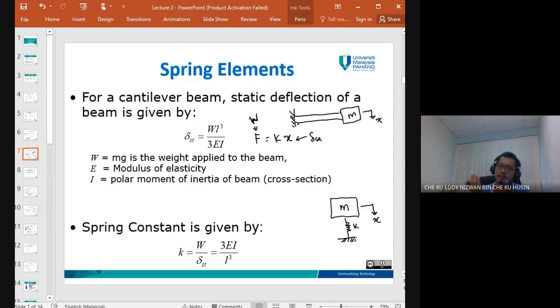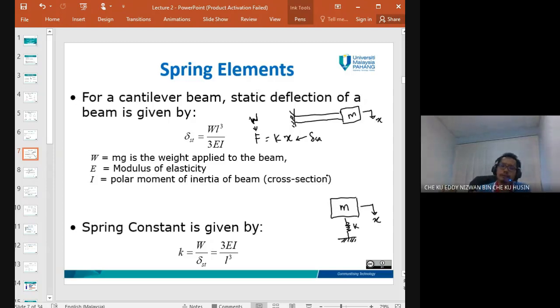If the mass moves in the horizontal direction, the equation is the same, but you have to consider the moment of inertia because there is a 1/12 based on the rectangular area, base times height cubed. This is just a refreshment. I believe all of you already learned it in strength of materials or statics. So this is how we model.